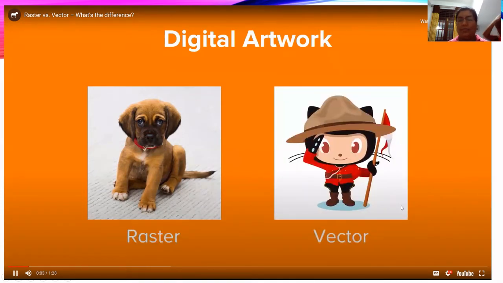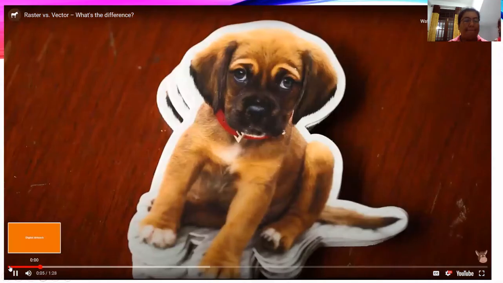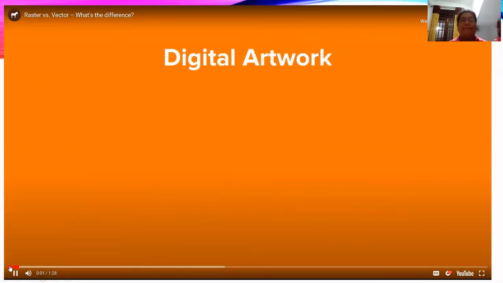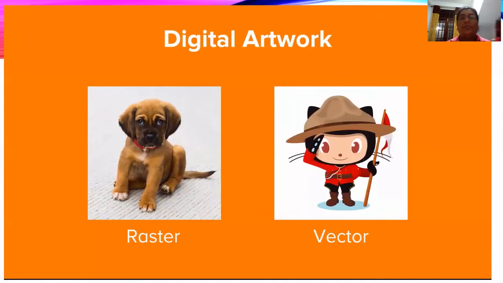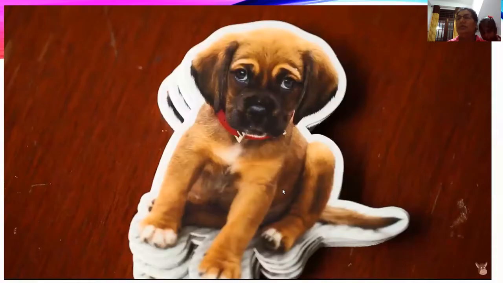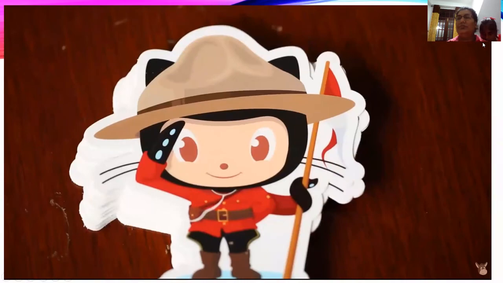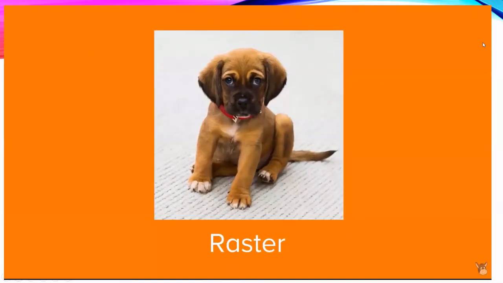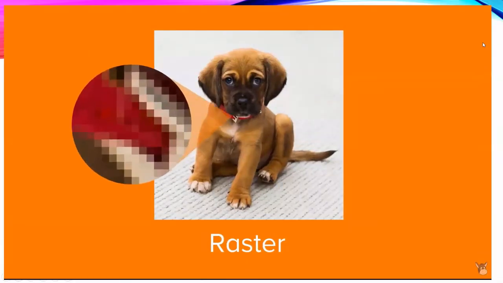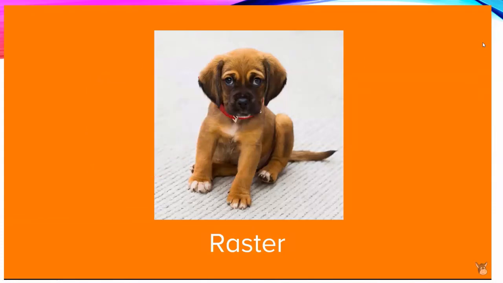There are 2 types of digital artwork, raster images and vector images. Both have their own advantages, and both can be used for print. So what's the difference? Raster images, also known as bitmap images, are made up of a bunch of tiny pixels. From a distance, these pixels blend together to form a clear image. Raster images have no limit to how detailed or complex they can be.